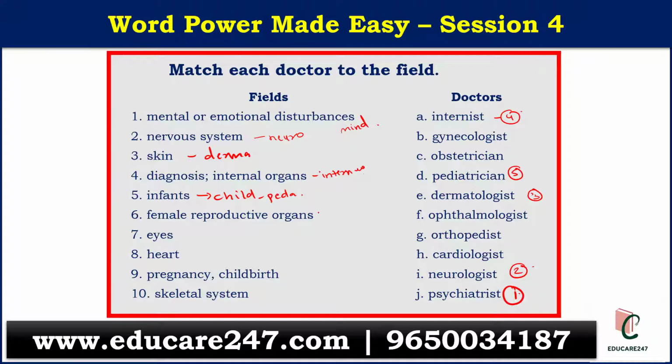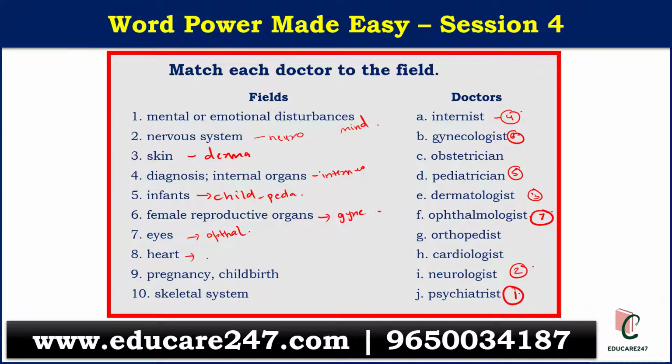Next we have the female reproductive organs. So it's going to be based on gyn, so gynecologist. Next we have eyes. So eyes is ophthal, which means ophthalmologist. So it's going to be 7.